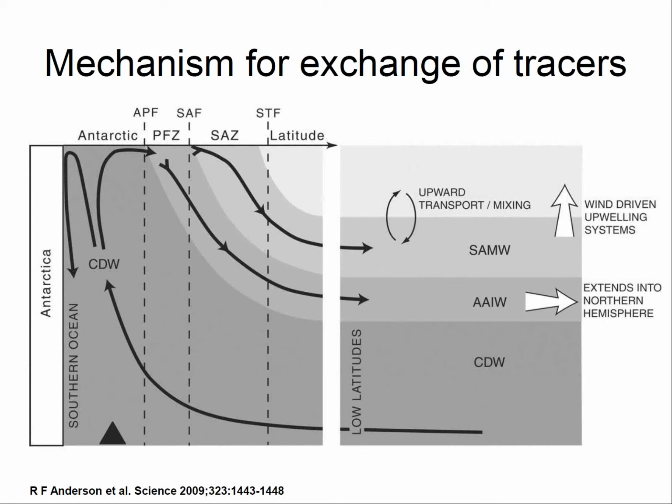So intermediate water is sometimes thought of as the deepest mode water. They are formed close to the fronts in the Southern Ocean, the polar and subantarctic front. So changes in this pattern can have a strong impact on climate, on the uptake of CO2 and release back to the atmosphere.